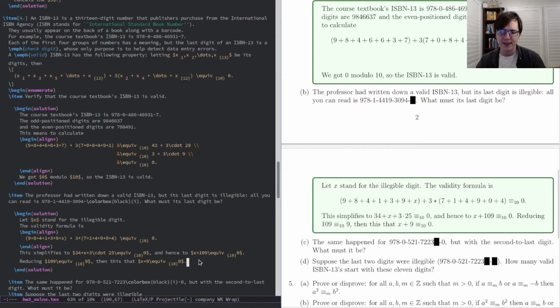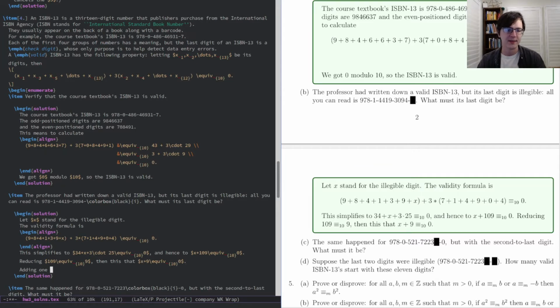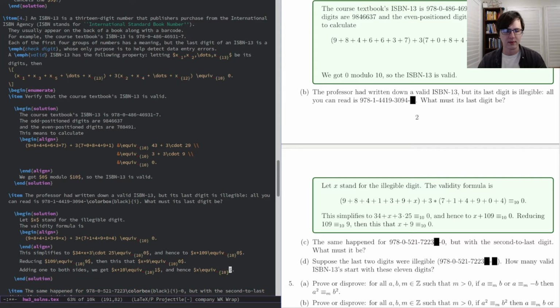One thing we can do is subtract 9 from both sides, or adding 1 to both sides, using the old clock. We get that.